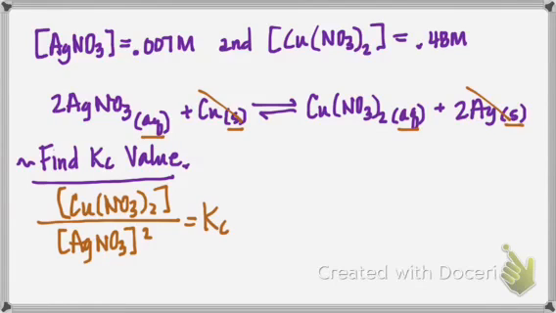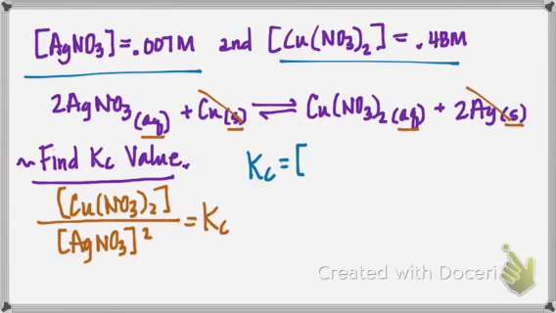The next thing I'm going to do is fill in my numbers for the expression. I'm getting my numbers from up top. So I'm going to look at that again and rewrite it, because you guys know me, I rewrite stuff. For my value for my copper 2 nitrate, it's going to be 0.48 molar.